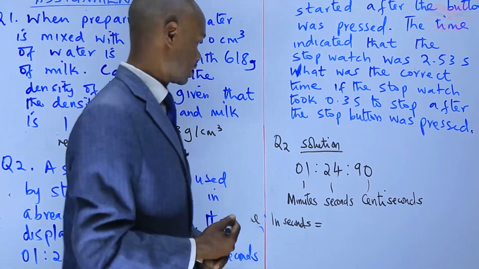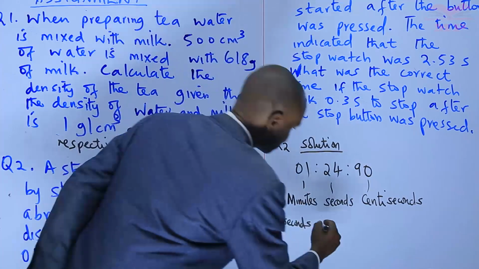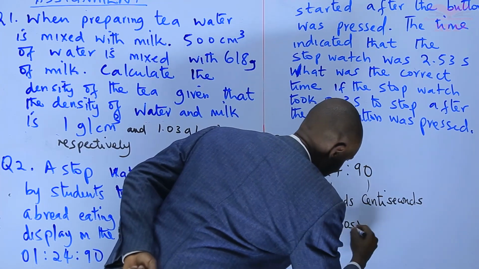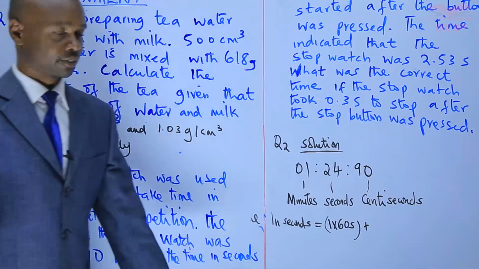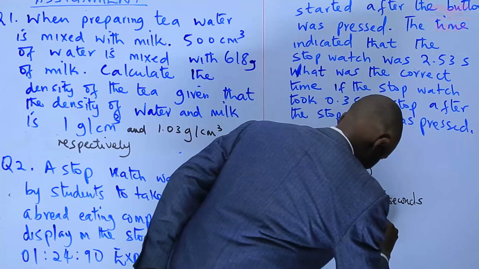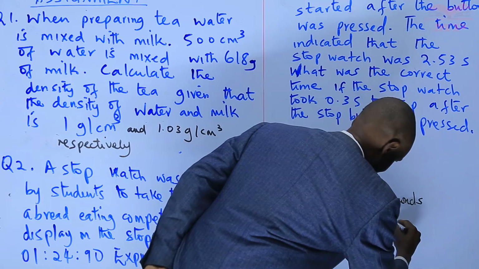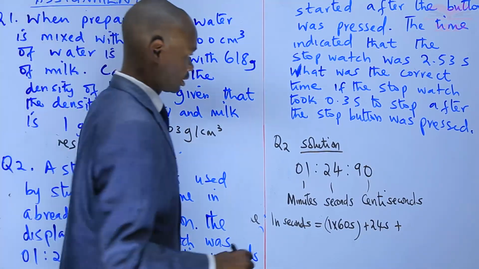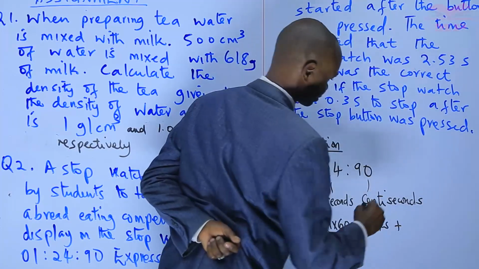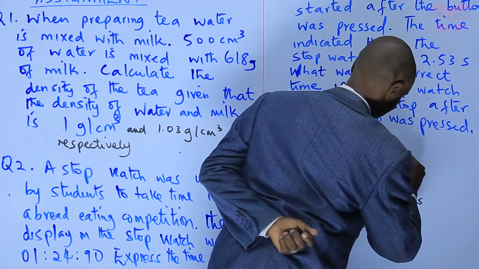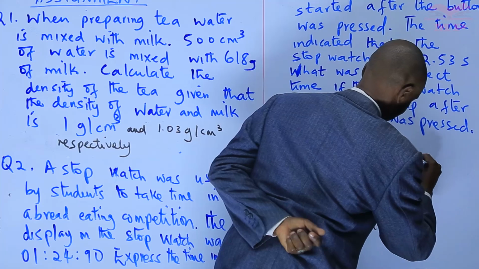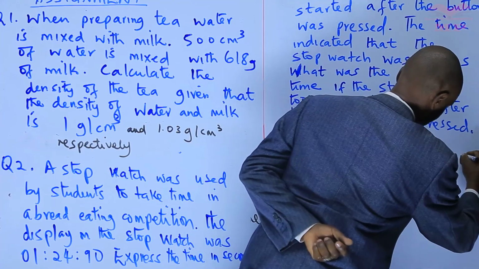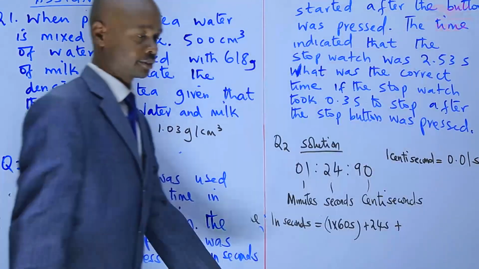So we shall have 1 times 60 seconds, plus, these are already seconds so I don't need to convert, plus, 1 centisecond is equal to 0.01 seconds.